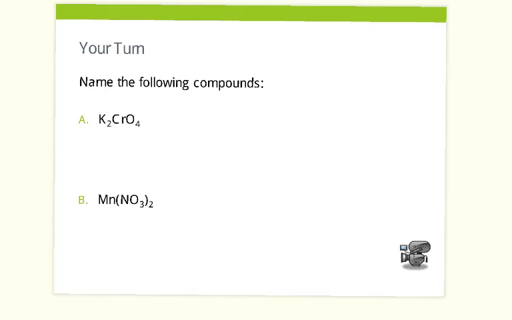So we have potassium. Potassium only forms one type of cation, so it's going to be very simply potassium. We don't have to put the charge after that. And we learned to recognize that this guy is called chromate. So it becomes potassium chromate. Okay. B, we have manganese and we have nitrate here. Manganese is not listed, I believe, on your table.